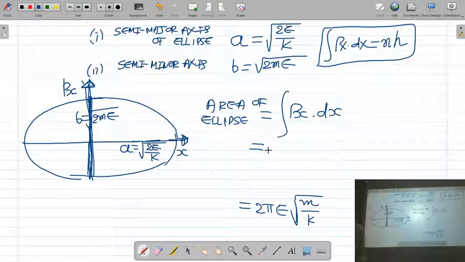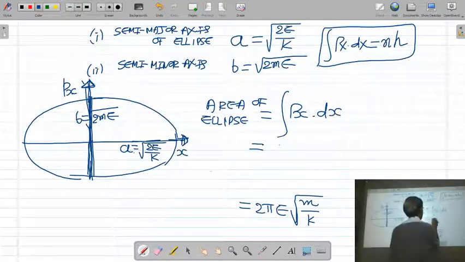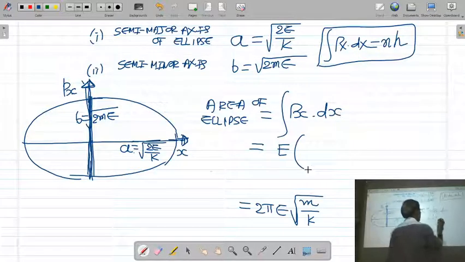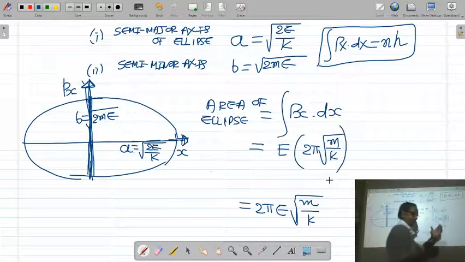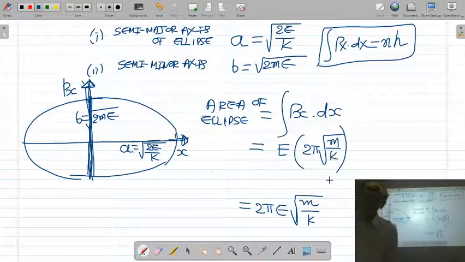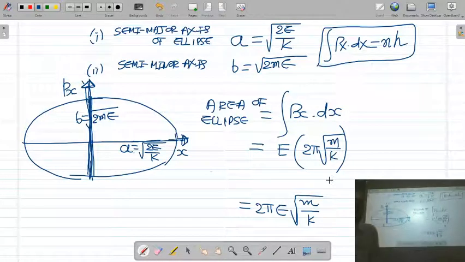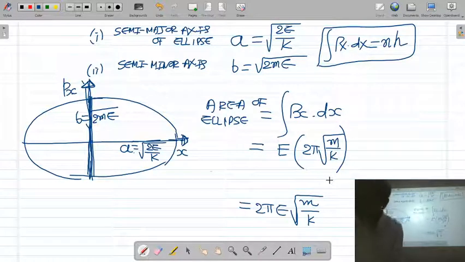Okay. Now this E into 2 pi under root m by k. Again, you have studied the equation of simple harmonic oscillator: equation of displacement, equation of velocity, equation of energy, equation of periodic time, equation of frequency in 11 and 12 standard. Anybody can tell me what is 2 pi under root m by k?